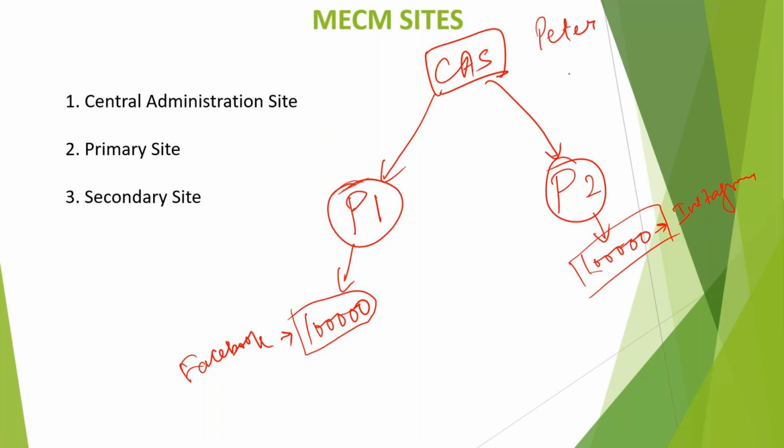He can create policy for Instagram or he can create policy for Facebook. He will be able to manage both the Facebook devices and Instagram devices from the central administration site server. Is that clear?